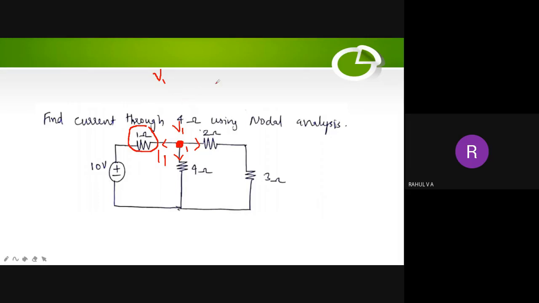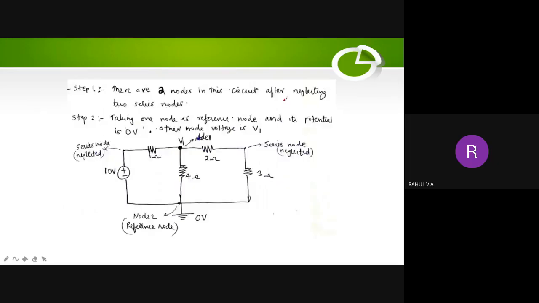So V1 minus 10 is the potential difference, since one end of that 1 ohm resistor is connected to V1 and the other end to 10 volt. Divided by 1 ohm, the resistance, you will get current I1. Similarly, you check the voltage across each resistor, find the potential difference, and divide it by the resistance, and you will get the current. We will do one more exercise today.